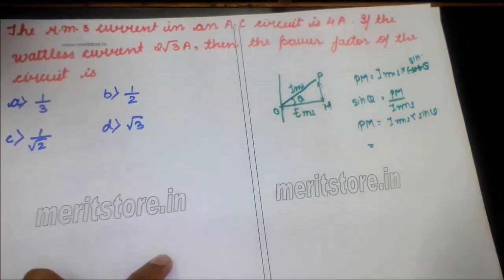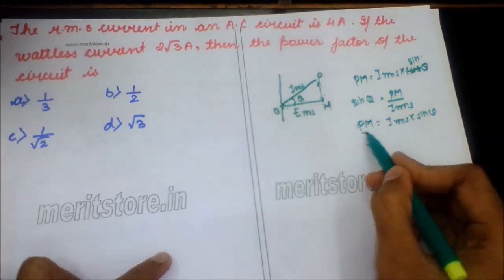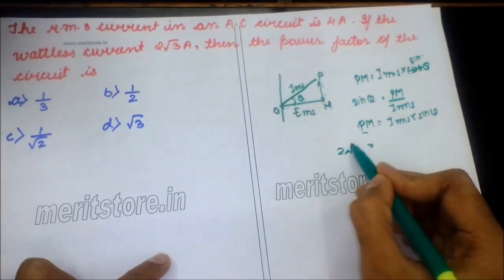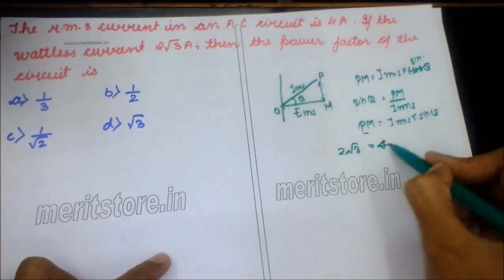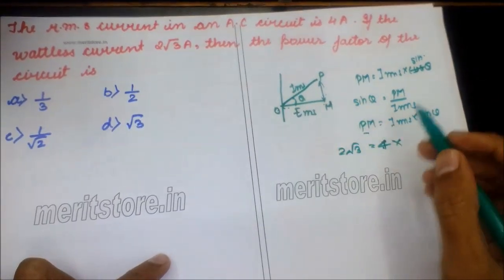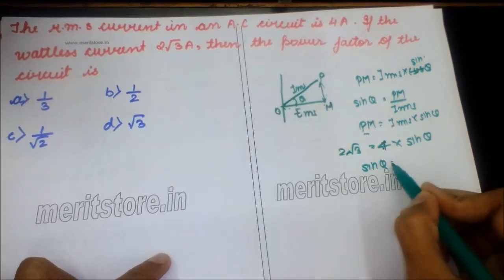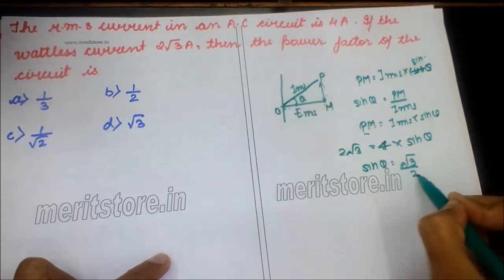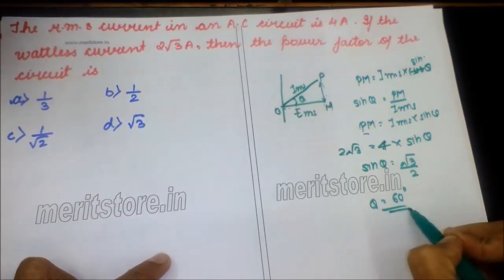The wattless current PM is given to be 2 root 3 and I RMS is 4 amps multiplied by sine of theta. So we get that sine theta is equal to root 3 upon 2, where theta will be sine inverse root 3 upon 2, that is 60 degrees.